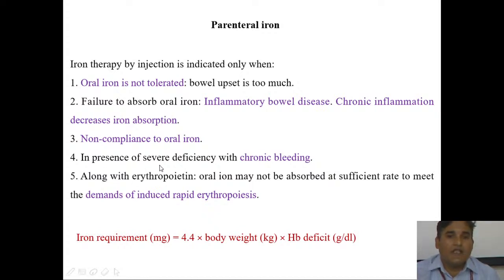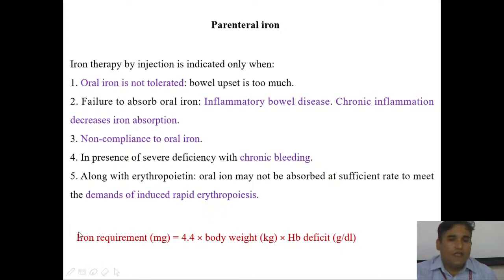In the presence of severe deficiency with chronic bleeding, you must inject iron by the parenteral route, along with erythropoietin, because erythropoietin increases erythropoiesis, and oral iron is not sufficient to meet the iron demand during erythropoiesis.